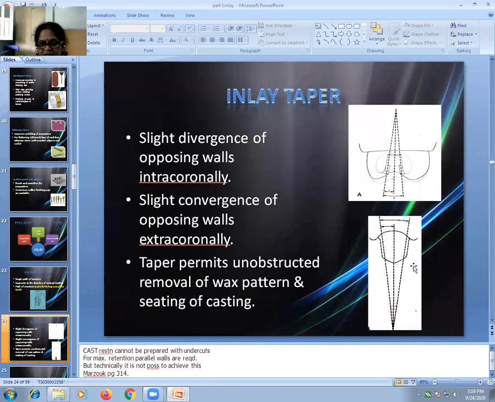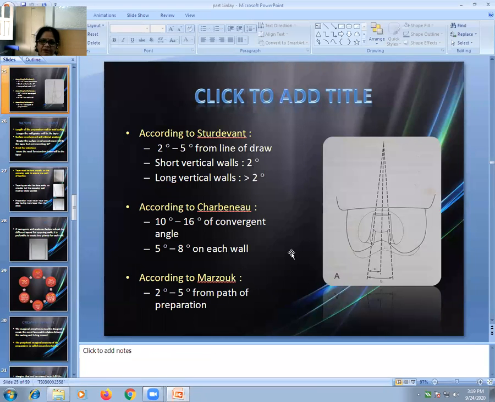And because of this taper, there will be unobstructed removal of the wax pattern. It will be easy to remove the pattern and put the restoration back. So this taper will give the unobstructed removal of the wax pattern and seating of the casting. So this is the inlay taper.